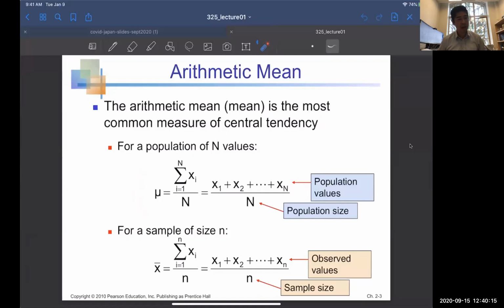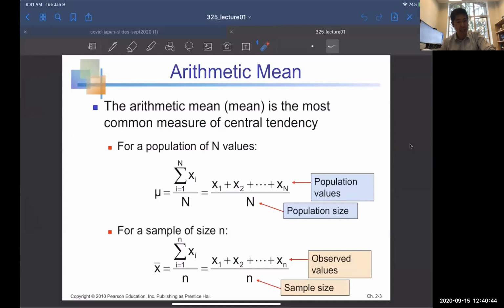For example, except for the census year, Statistics Canada often just randomly picks a subset of Canadian households, say 10,000 households all over Canada, and then asks survey questions about how much they earn this year.